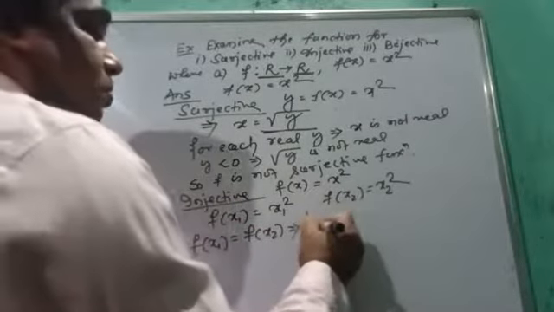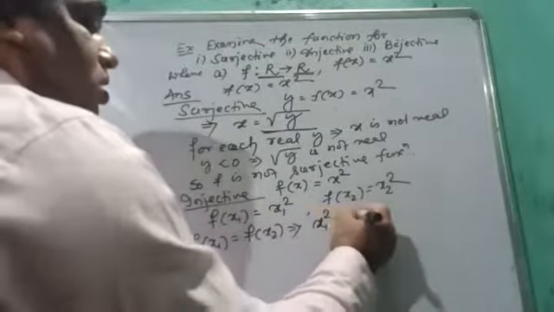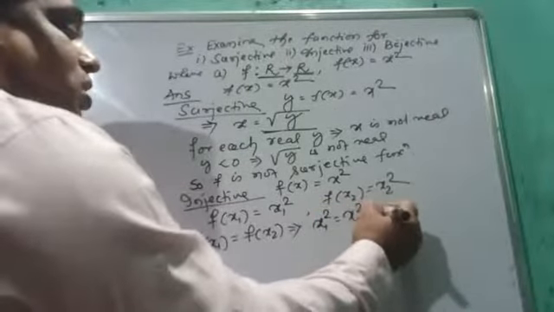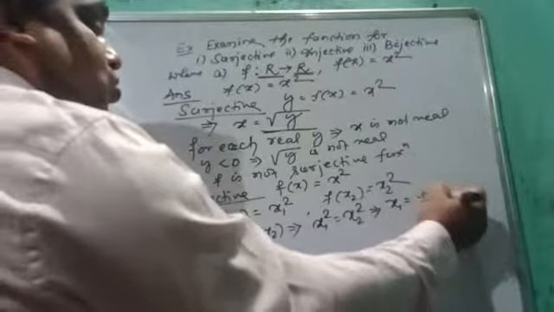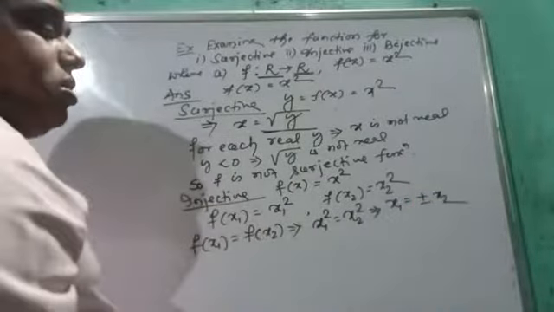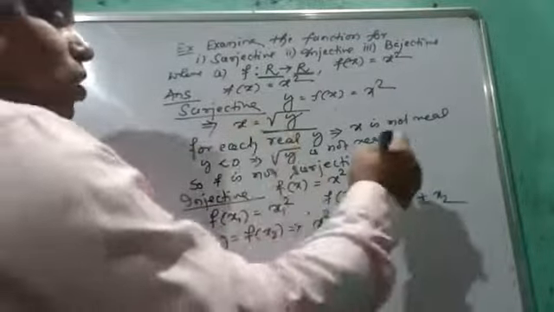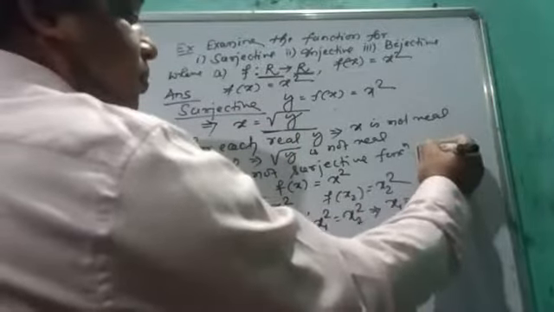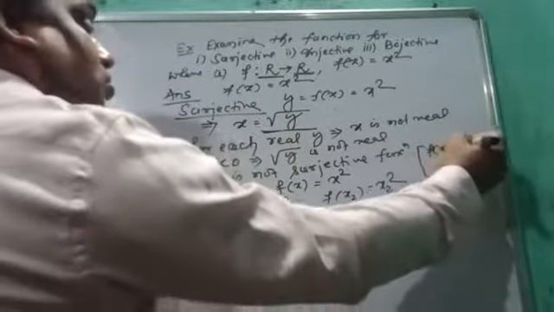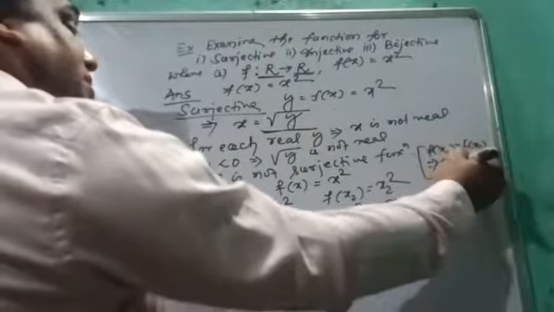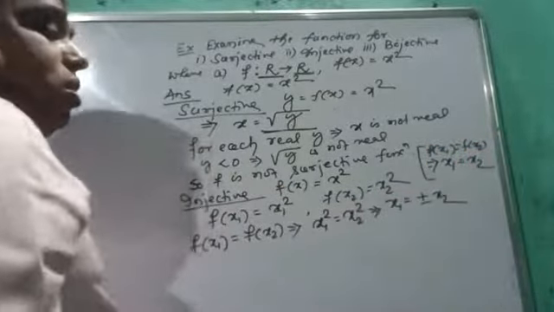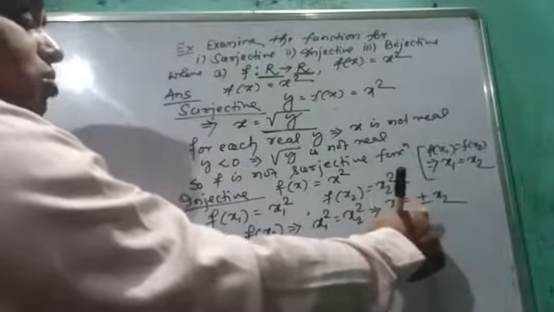Then f of x1 means x1 squared is equal to x2 squared. That implies x1 is the square root of x2 squared, that means plus or minus x2. But what is required for injective? If f(x1) is equal to f(x2), required x1 is equal to only x2, but here it is plus or minus x2.